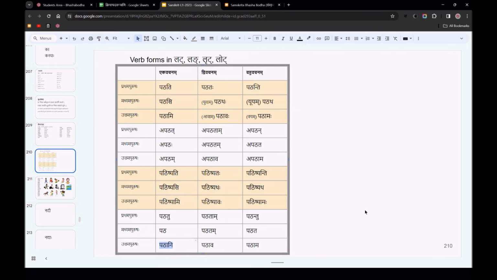Aham patani kim means should I read? Aham patami kim is also okay, using patami with the question word kim, meaning am I reading? But if you use the lot lakara form, aham patani, in a question tone, or with the question word kim, aham patani kim, it means should I read?